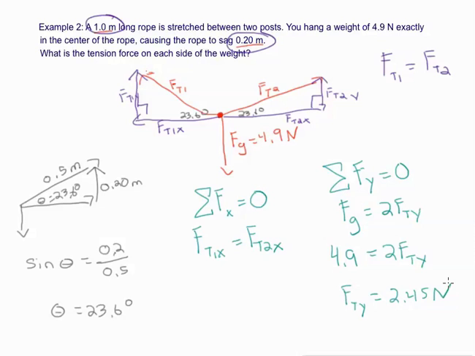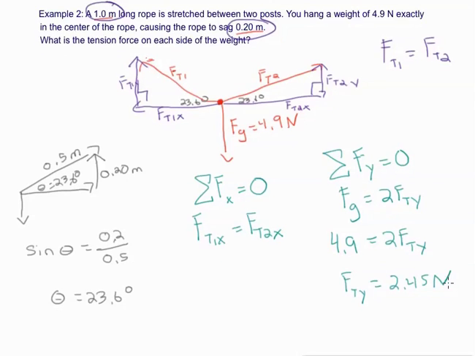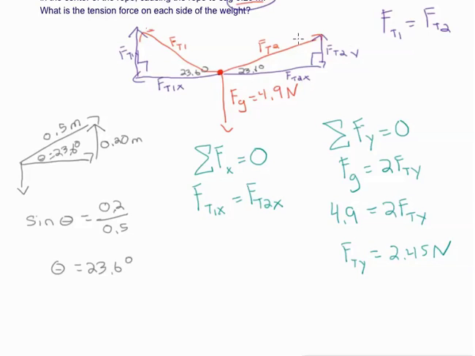And you can see after we found the angle, it looked just like the first example. Really, once you have your free body diagram with your gravity and the angle of the triangles, they're all going to look pretty similar. I can add my FTY up here to my free body diagram, or I can sketch another triangle near the bottom if you like. Because that is opposite, we're going to use sine again.